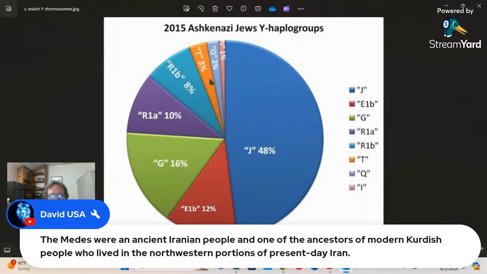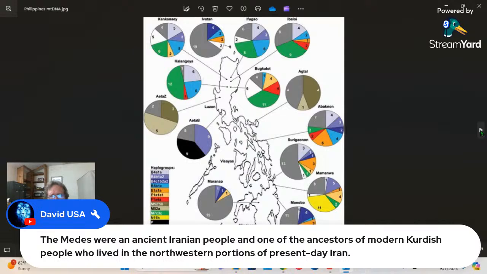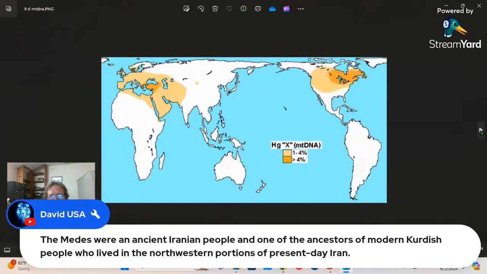You have 3% in the Ashkenazi Jewish population. 48% J: Egyptian, Assyrian, Gomer, European, descendant of Javan, Medes, Madai, and the I is Dan and Asher, which separated from the population early on. They were the first ones to leave.